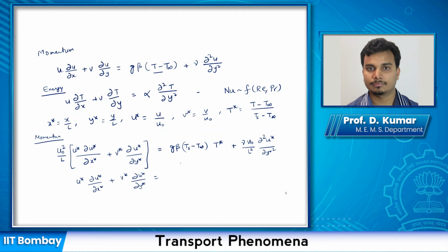So if you take it here, this will become g beta ts minus t infinity L by u naught square times t star, and this term, sorry, this term when you multiply here, this will become your u naught L by nu, which is essentially 1 by REL star square. Okay, this is what you get after non-dimensionalizing your momentum equation.